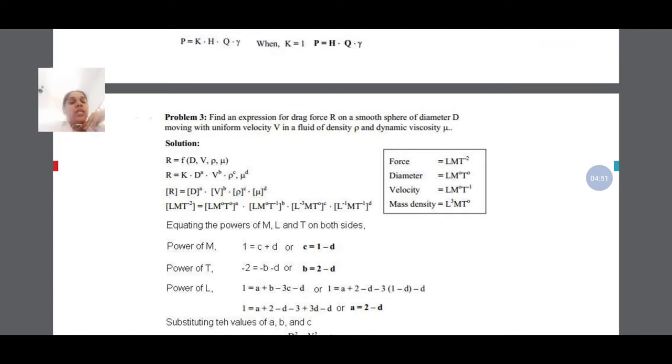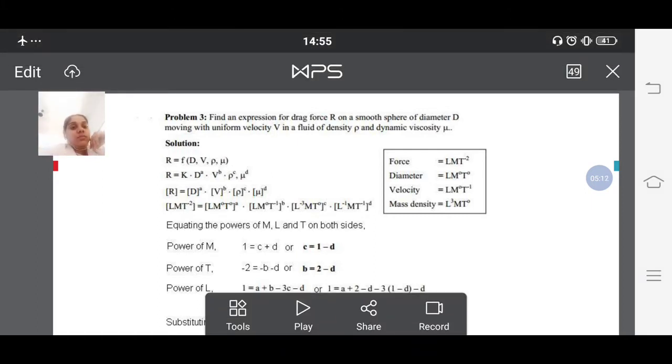And for velocity, the dimension is L with power 1, there is no M term, so we put M power 0 and T power minus 1. Next, mass density: the dimension of density is L cube into M into T power 0.